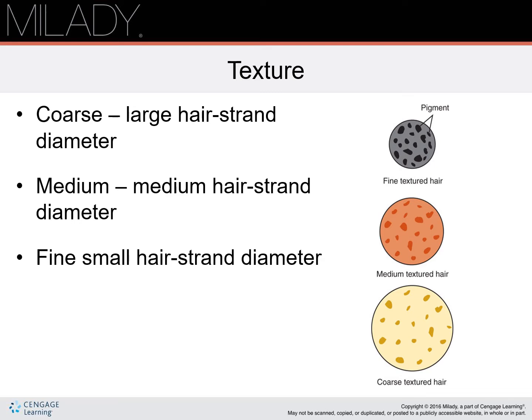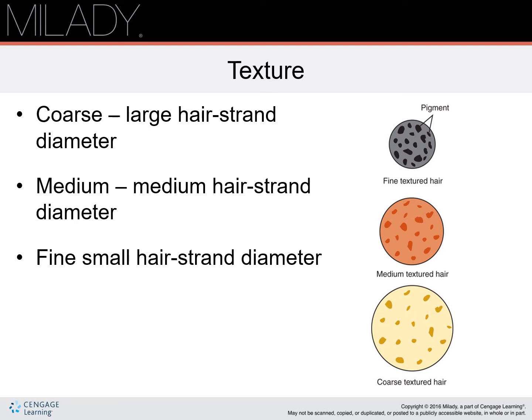That's why my circle is bigger. Medium has a medium diameter, which is smaller than the large. And then you have fine textured hair that has a very small diameter. And these dots inside of the diameter of the hair strand are your pigment, or your melanin.